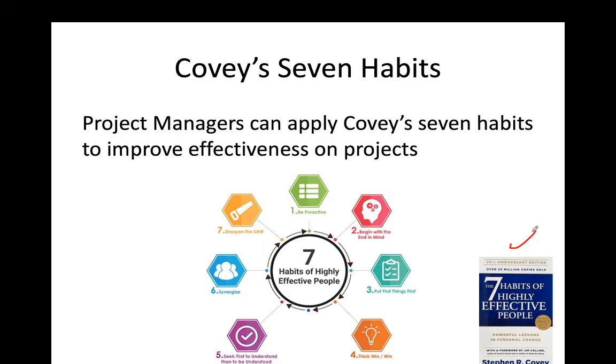This book is about the 7 habits of highly effective people, and these 7 habits are used in project management also. So what we will read today is, you can say, the summary of this book, because if you know these 7 rules, then that is all written inside this book.